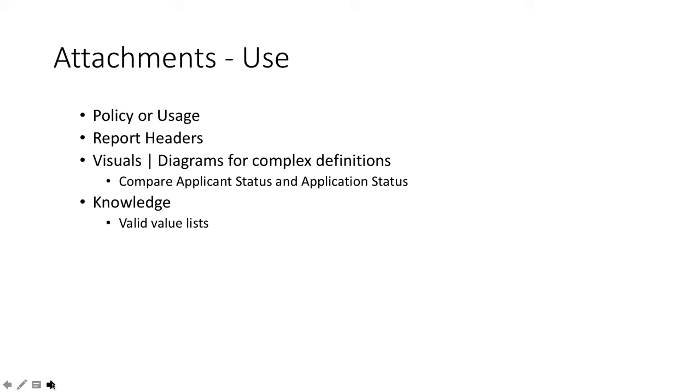Visuals. I've had a client at their institution, their data consumers just really struggled with the difference between applicant status and application status. A lot of confusion around those values and which was which. And somebody took a Sharpie pen and drew a hierarchical diagram of it, and they created a PDF of that drawing and attached that to about 8 definitions, so that if somebody landed on one of those status values, they would have at their fingertips, kind of as a job aid, as an interpretive aid, a quick visual summary of the relationship of all those things.